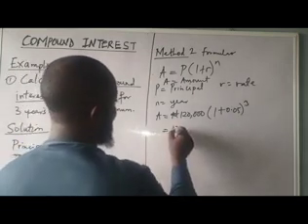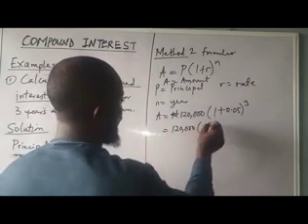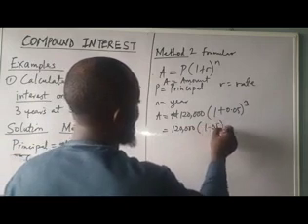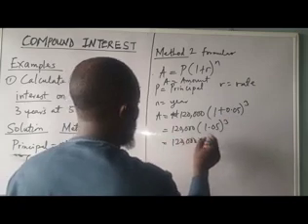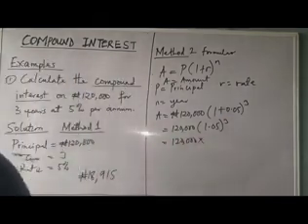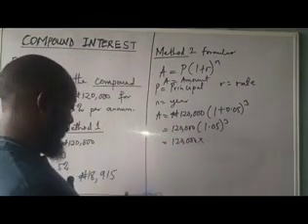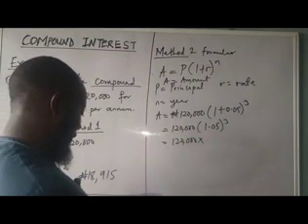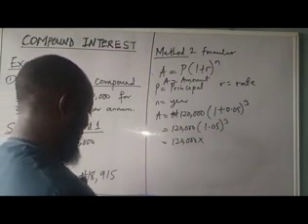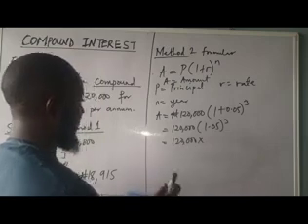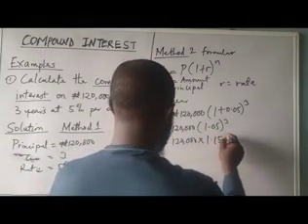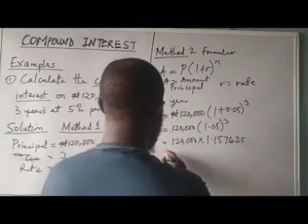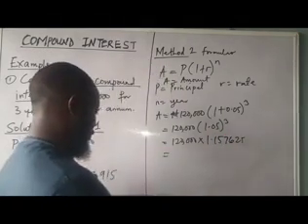So that is 120,000 times 1.05 raised to 3. You can make use of a calculator. So 1.05 raised to power 3 gives 1.157625. So let's multiply times 120,000.